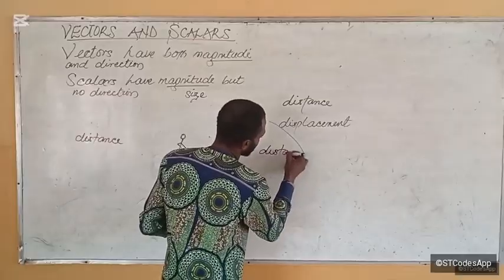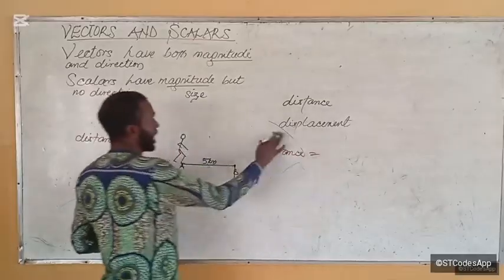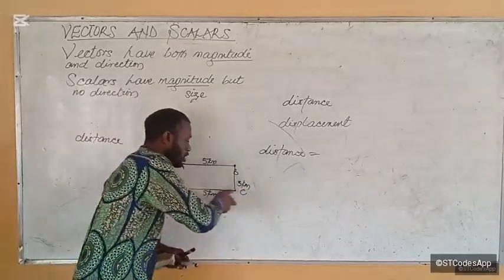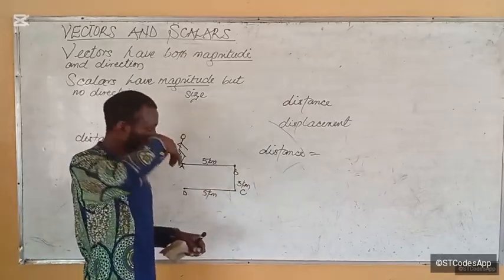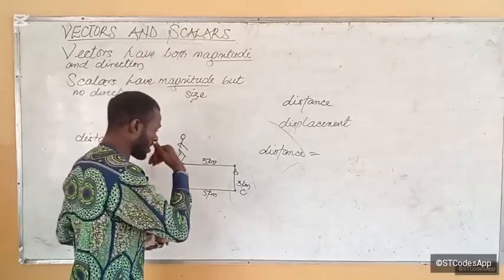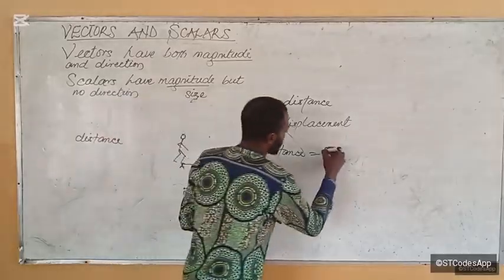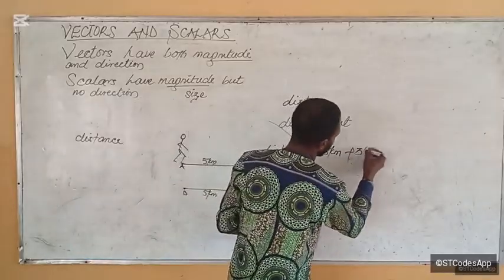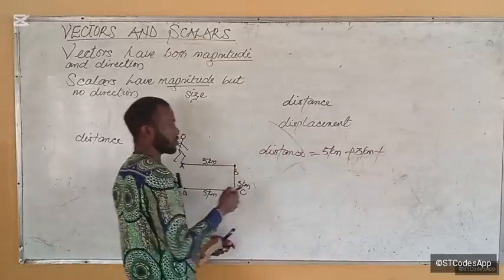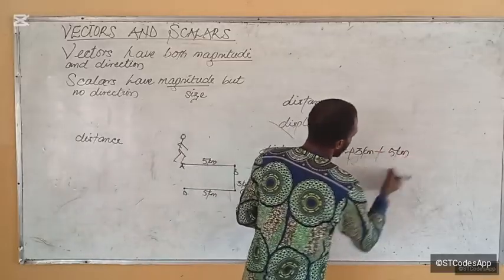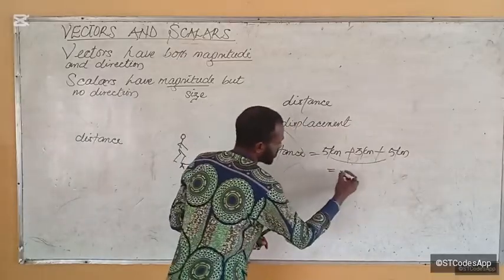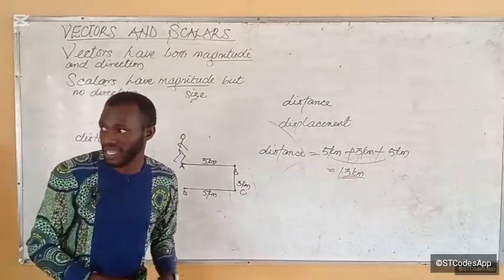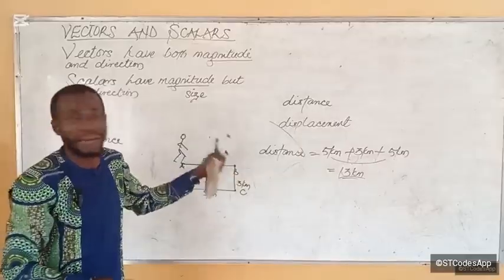His distance is going to be the sum of the length of the entire journey. That's 5 kilometers plus 3 kilometers plus another 5 kilometers. Add that up, and that's 13 kilometers in distance covered by the body.